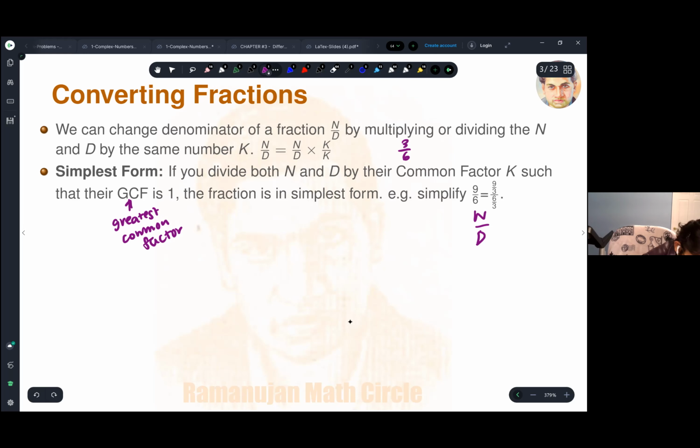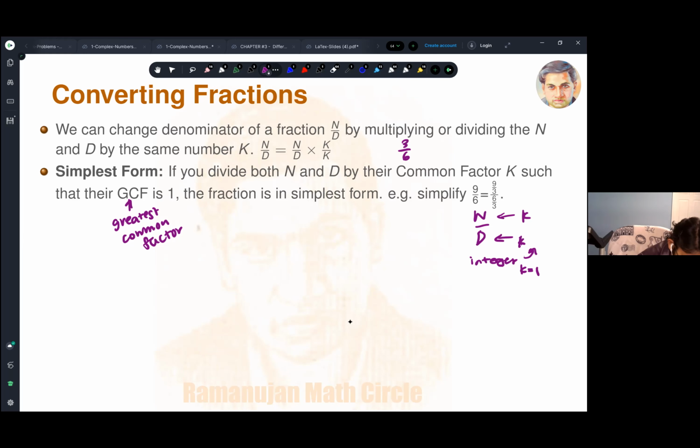What this means is you cannot divide n and d both by a number k and expect to get an integer. The only k that will work is k equal to 1.